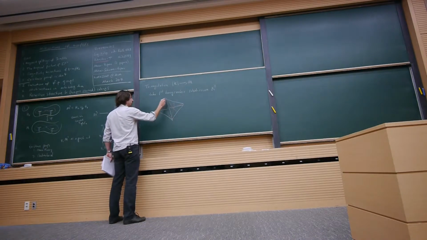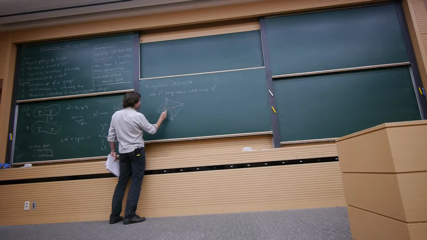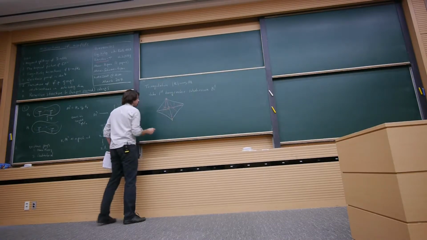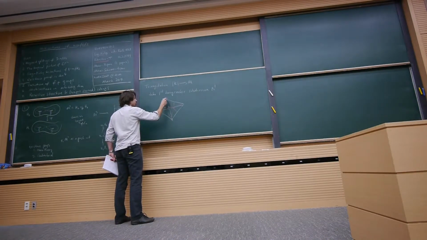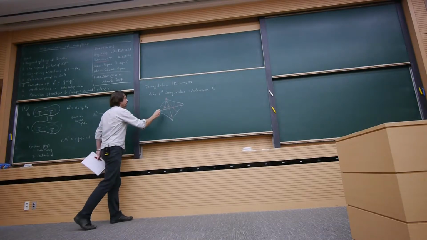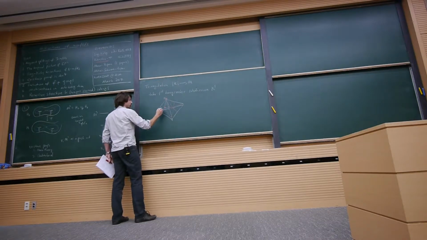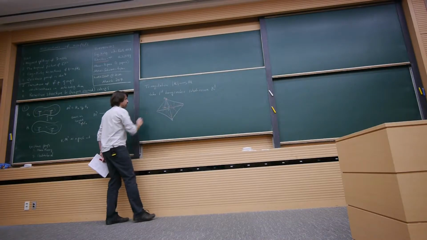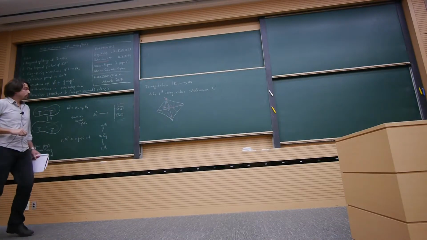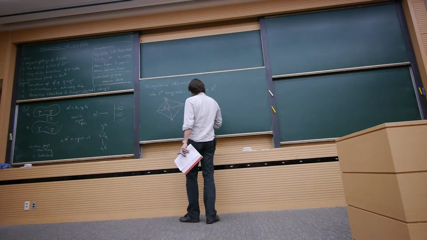Then any simplex, up to symmetry, looks like this, where I see one vertex coming from the 0-skeleton, one from the 1-skeleton, one from the 2-skeleton, and one from the 3-skeleton. What one can now do is partition the vertices.